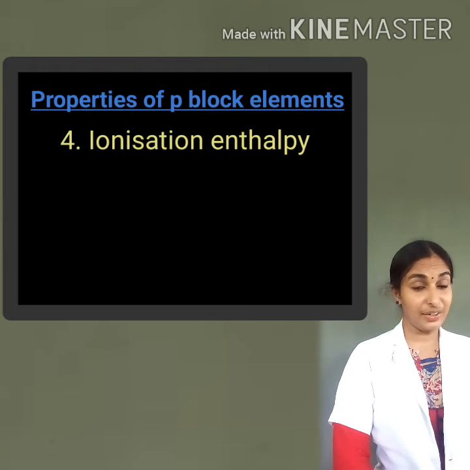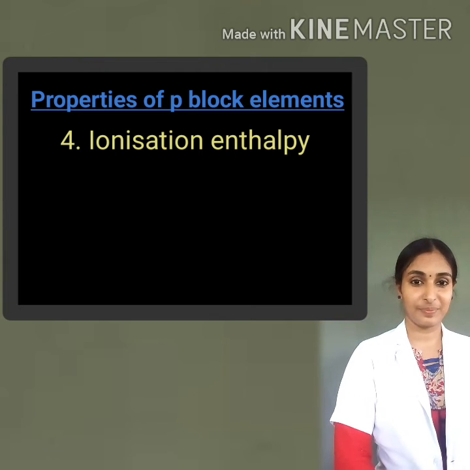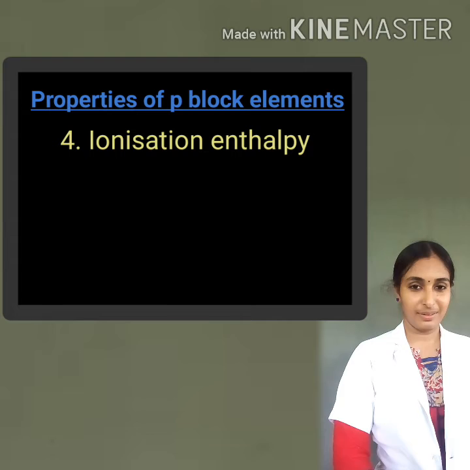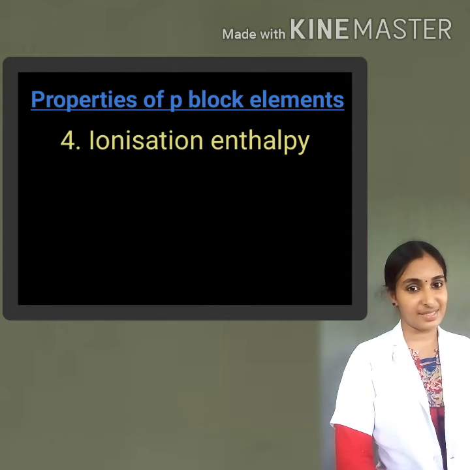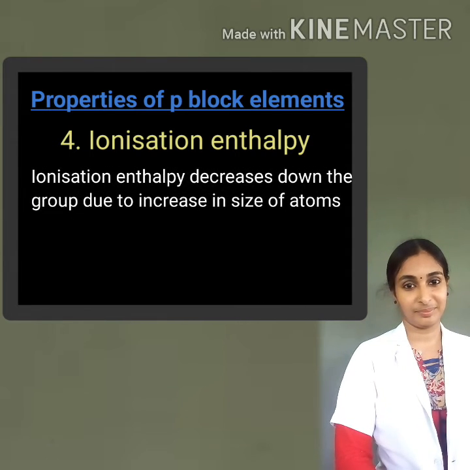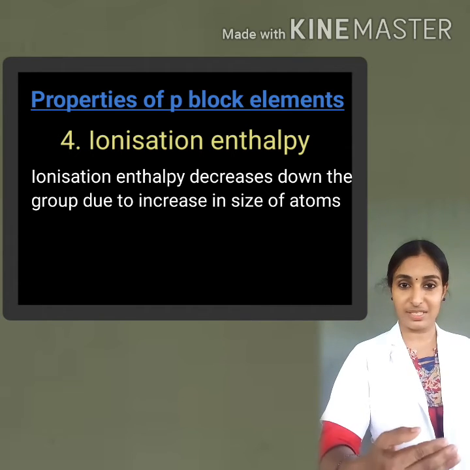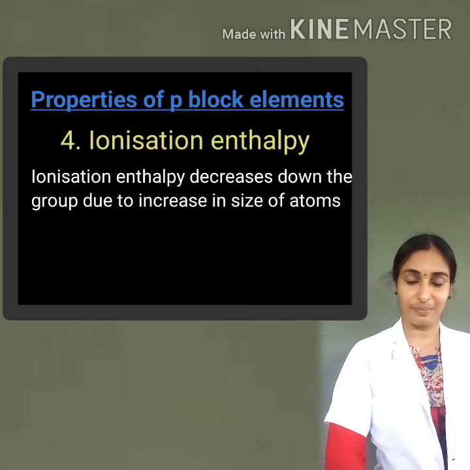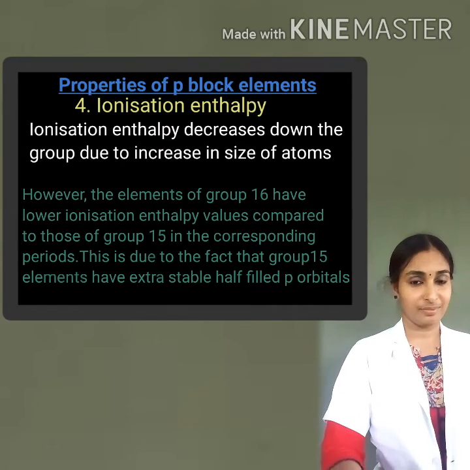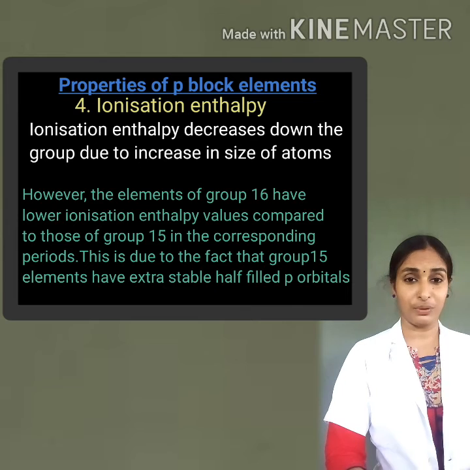Next, about ionization enthalpy. From top to down, ionization enthalpy is decreasing. But ionization enthalpy values for 16th group elements are lower than the ionization enthalpy values for 15th group.